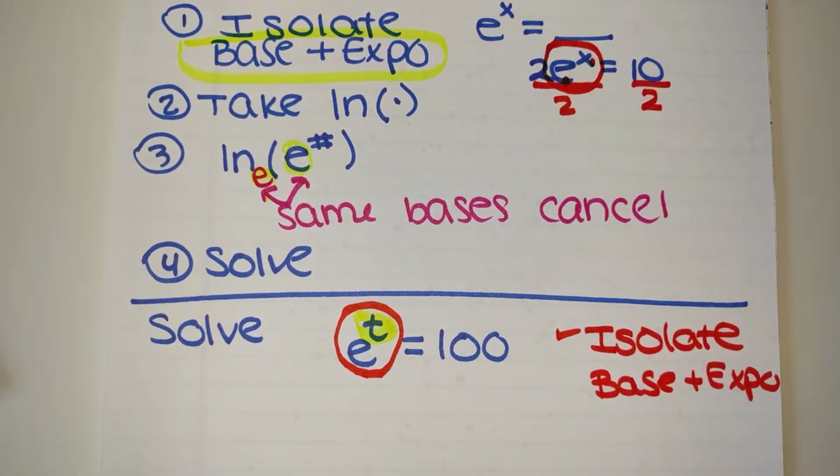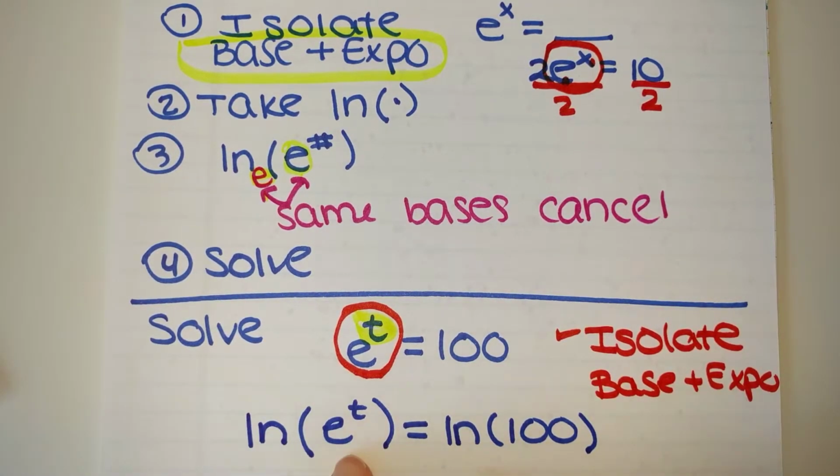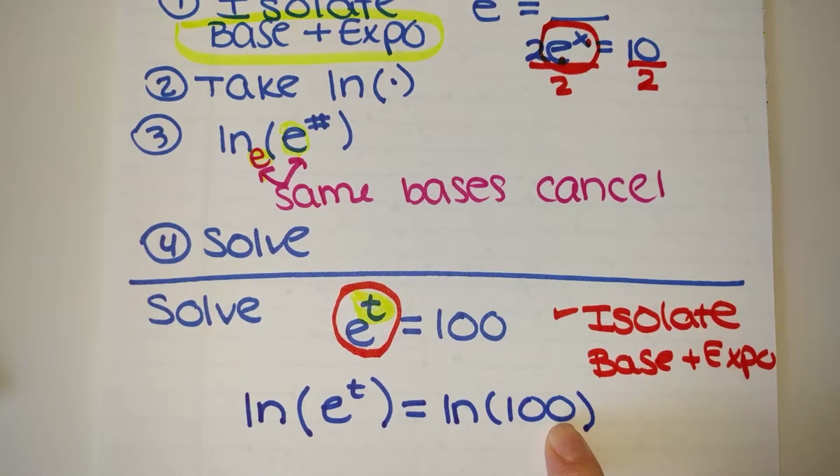The way we do that is by applying the natural log to e to the t equals the natural log of 100. So we apply on the left-hand side the natural log of this side, and the natural log of this side. The beauty of this is that natural log has an understood base e, and our exponential term also has a base e.